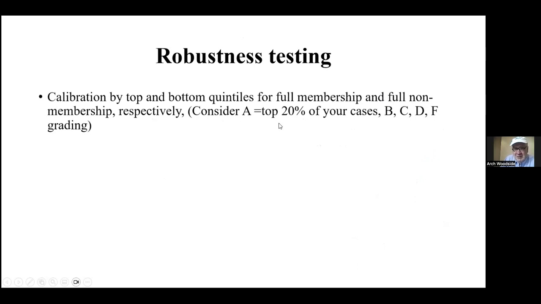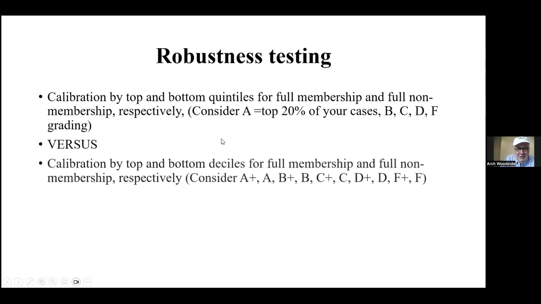Consider A being the top quintile, and B, C, D, E, F, if you're doing grading, where F would be the bottom quintile, and you would grade on a curve to give you an idea of what the top 20% of the cases is referring to. It would be the top quintile versus calibration.